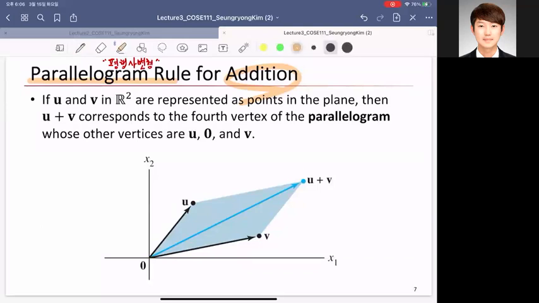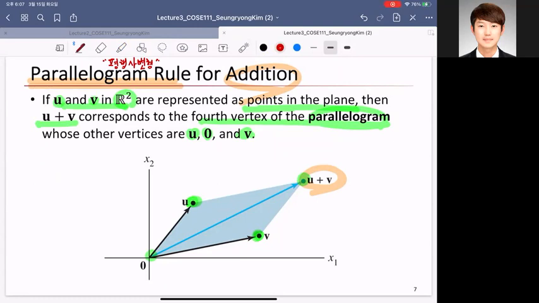If vector u and vector v in R2 are represented as points in the plane, so here's vector u and vector v, then u plus v corresponds to the fourth vertex of the parallelogram whose other vertices are defined by u, 0, and v. So this vertex is going to be u plus v. This is called the parallelogram rule.